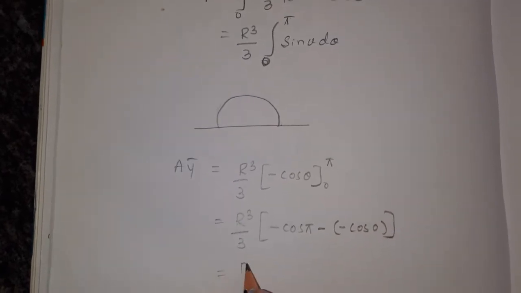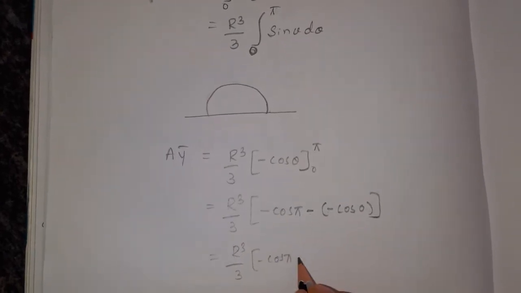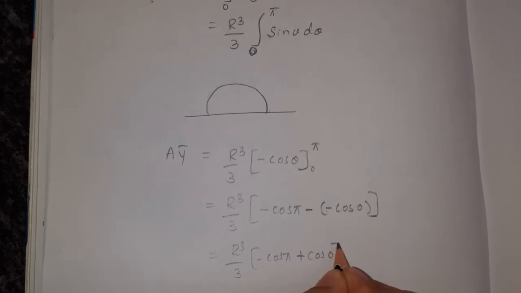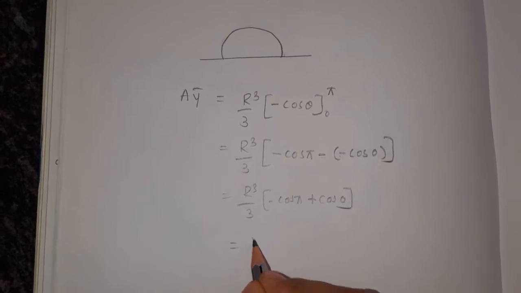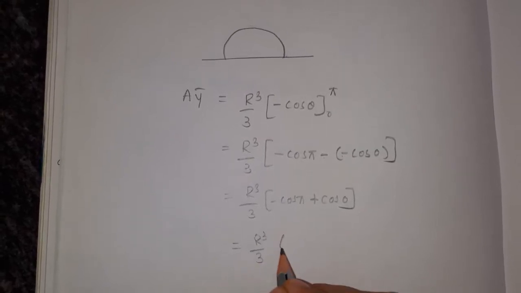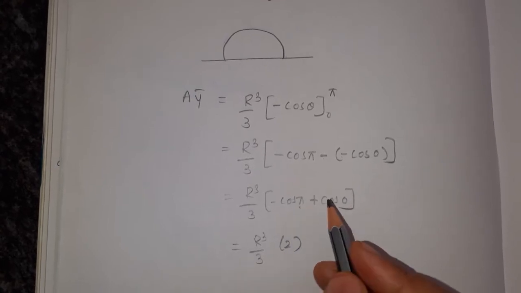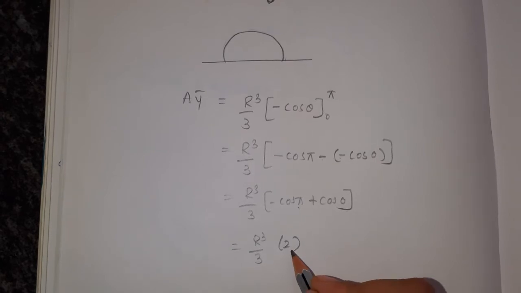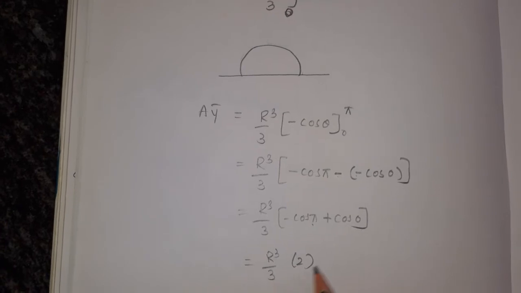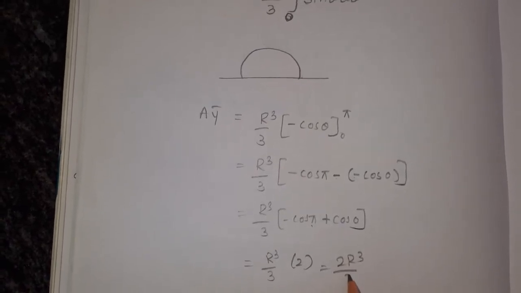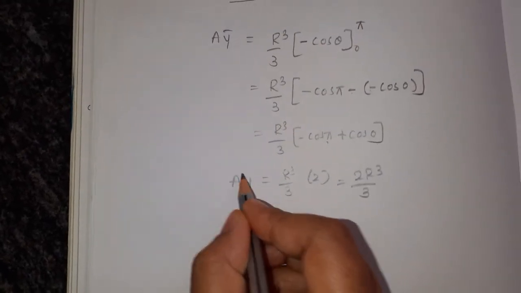So it will become r cube by 3 into minus cos pi plus cos 0, which is equal to r cube by 3 into 2, because the value of cos pi is minus 1 and cos 0 is 1, so you get 2. So that is 2r cube divided by 3. Now this is what A into y bar is.